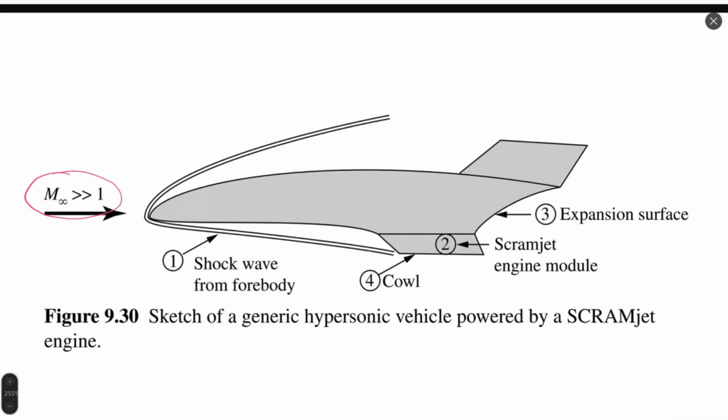But to have efficient combustion inside any type of engine, we must decelerate our flow significantly to subsonic or at least to low supersonic velocities. For this, we must create a diffuser that would compress and decelerate the flow with minimal possible losses. Such a diffuser can be built based on reversed Prandtl-Meyer flow.